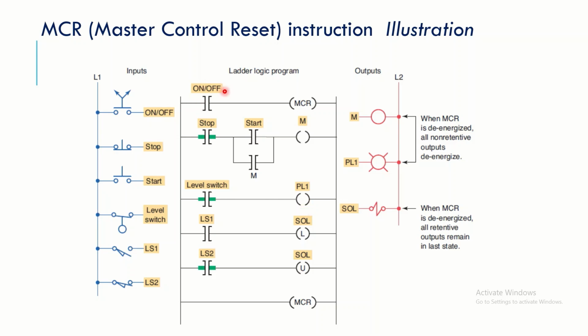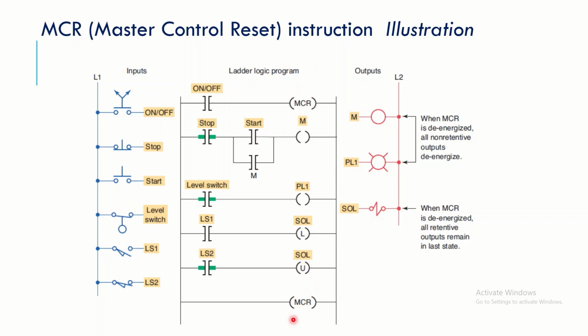When the MCR is on, the second, third, fourth and fifth rungs will all remain activated because they are within the ambit of MCR coil 1 and MCR coil 2.